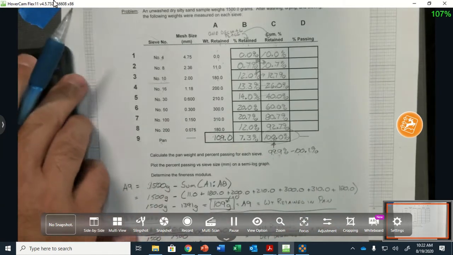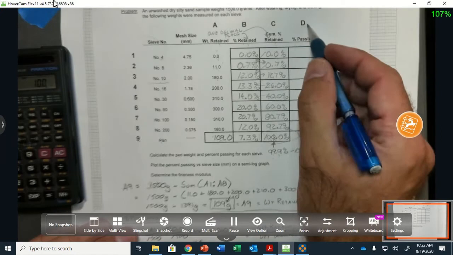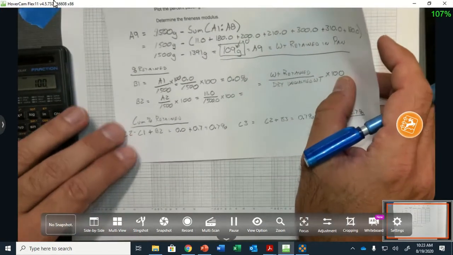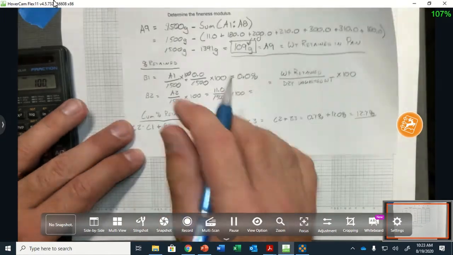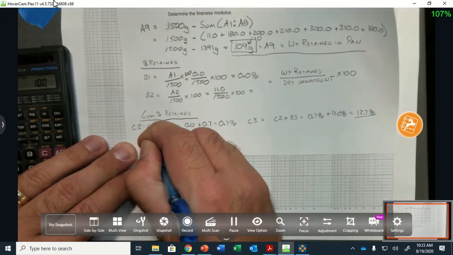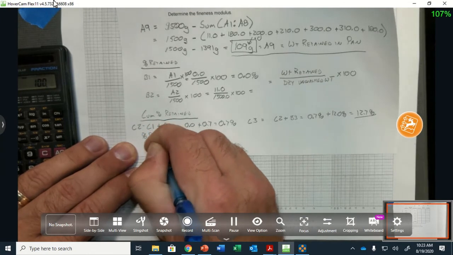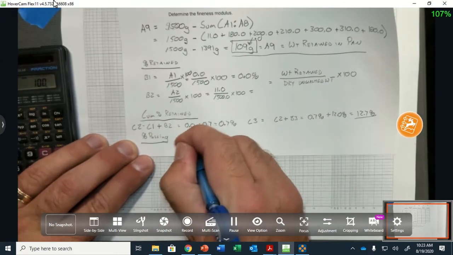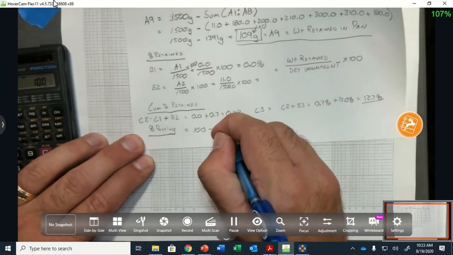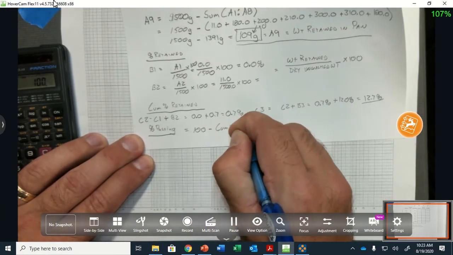All right, so now let's do column D, which is percent passing. I'll write it down here: percent passing equals 100 minus cumulative percent retained.